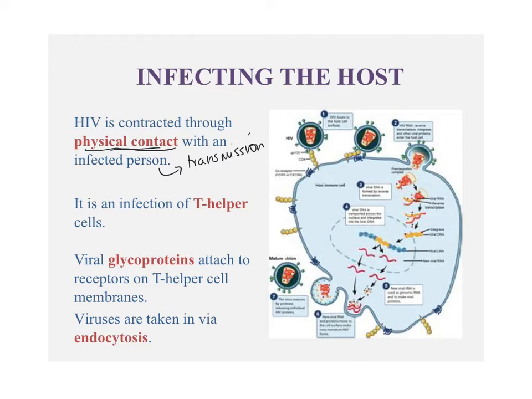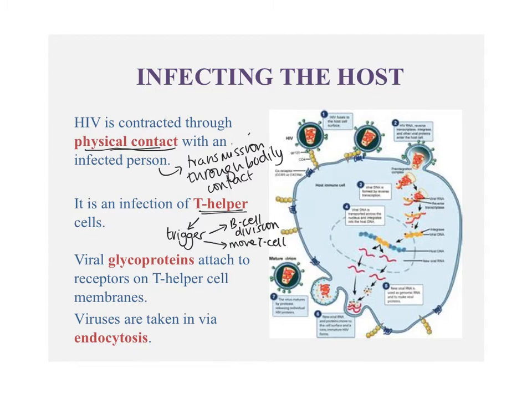And we know that it's an infection of T cells, but specifically it's T helper cells. So remember, those T helper cells are those which are going to trigger the B cells to divide, and also to help produce more T cells.